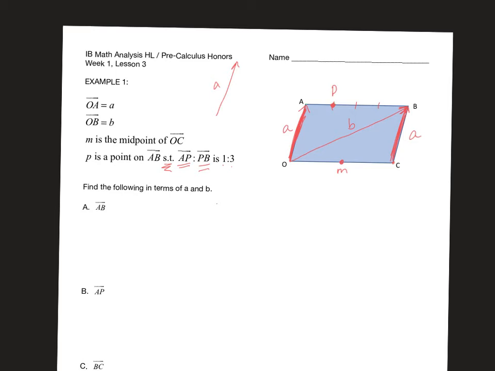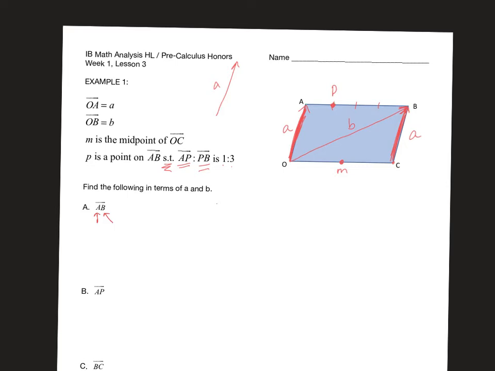Okay, so now that I've got the problem set up, let's see if we can find the following in terms of A and B. So AB, they want, okay, so that vector across the top of this parallelogram. I'm not quite sure what to do there. So let me see. Here's how you have to think of these problems. Can I get from point A to point B by making a stop in the middle? Because what we're going to do is vector addition.